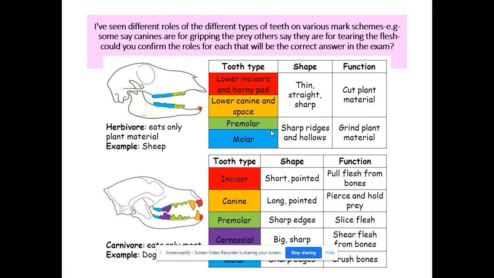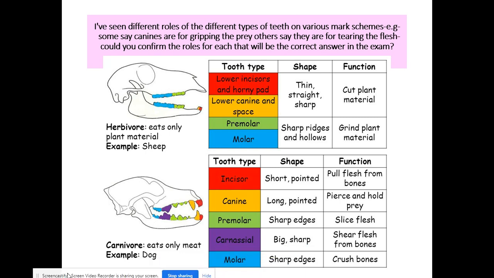I've seen different roles of the different types of teeth on various mark schemes. Some say this, some say that. What are the correct examples that we should be using in the exam? I would say that this is a pretty definitive guide to what you should be doing. With the herbivore here, just remember that it doesn't have any upper incisors. It's got this horny pad.